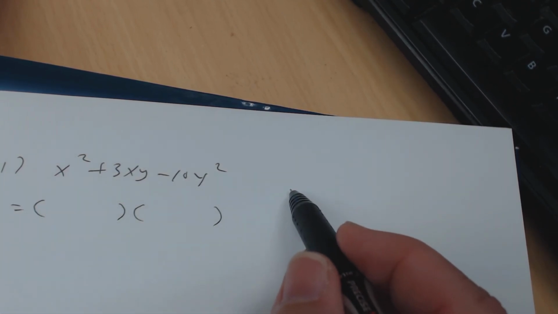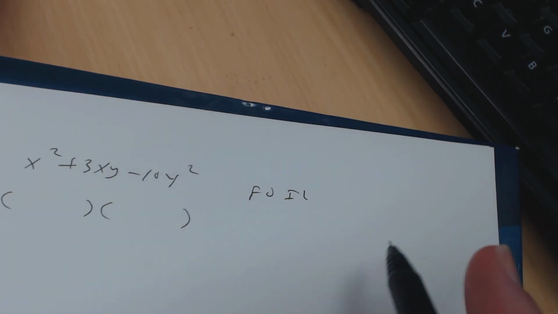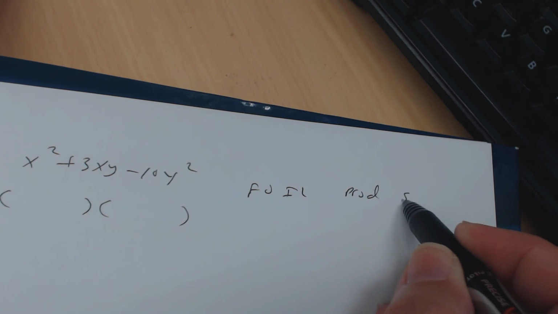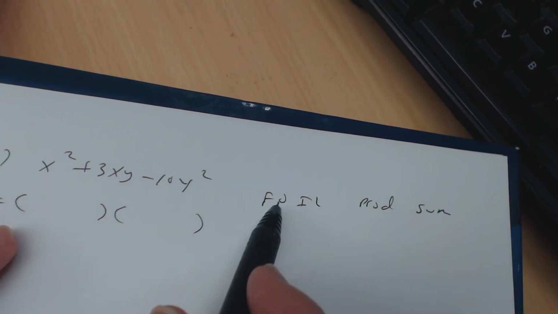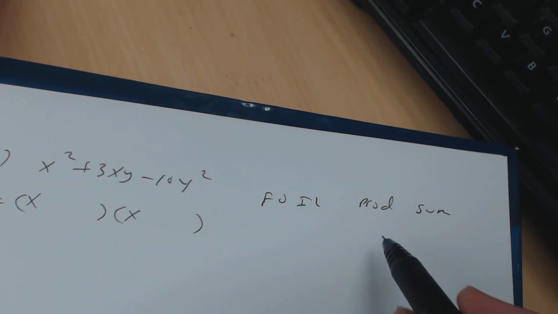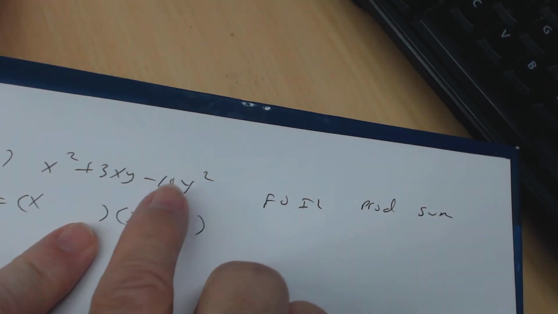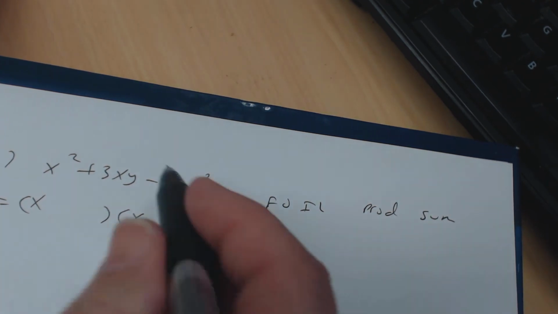I'm going to use FOIL, product, and sum. In terms of FOIL, x times x is x squared, so that's fine. The last times the last has to be a negative 10y squared.